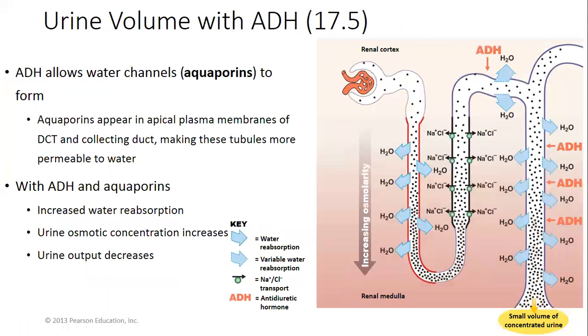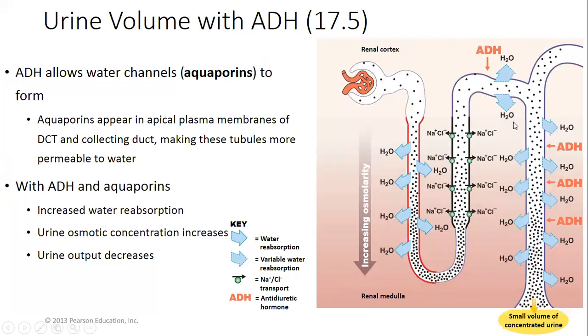Well, with antidiuretic hormone, when your body gets dehydrated, remember antidiuretic hormone is a hormone produced in the hypothalamus. It gets secreted from the posterior pituitary lobe, circulates through the blood, and binds to receptors in the collecting duct in the distal end of the distal convoluted tubule.